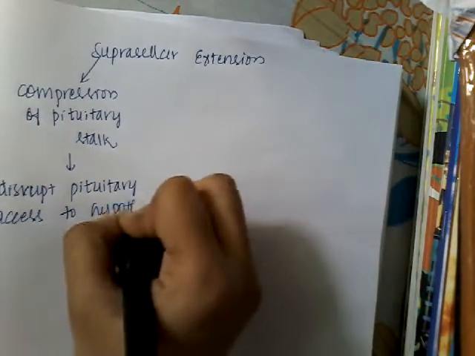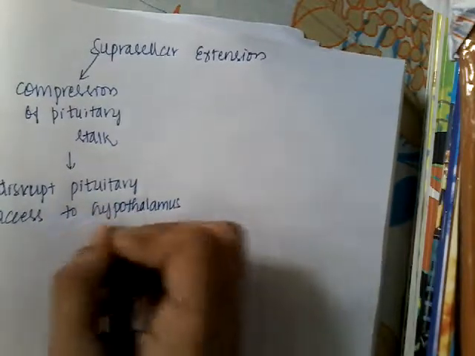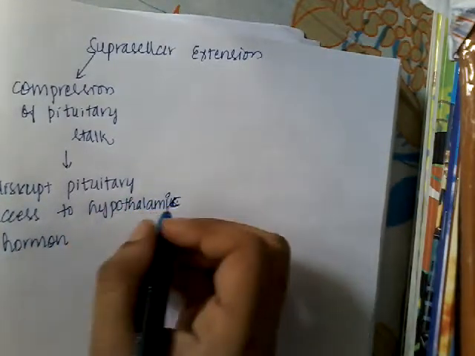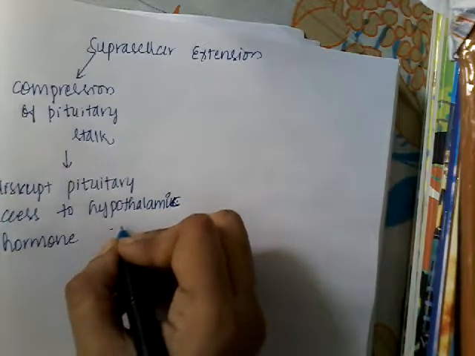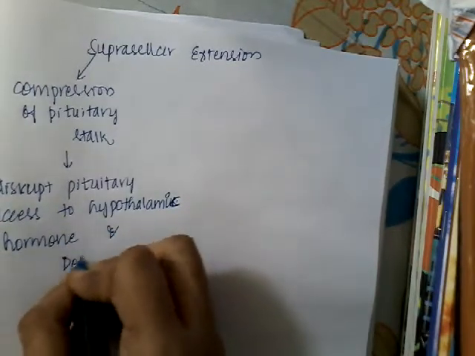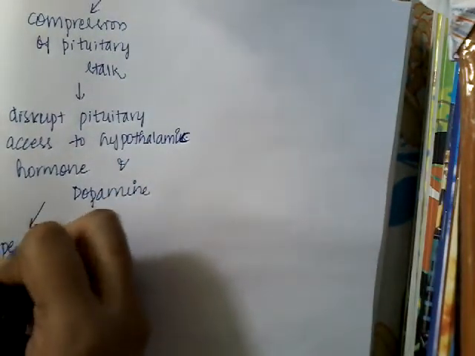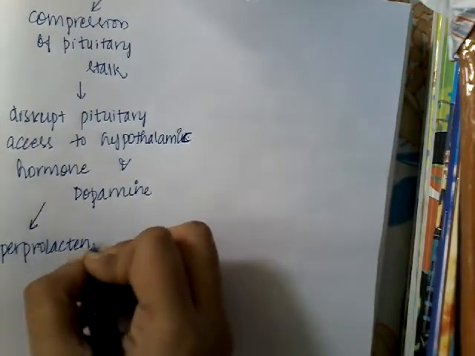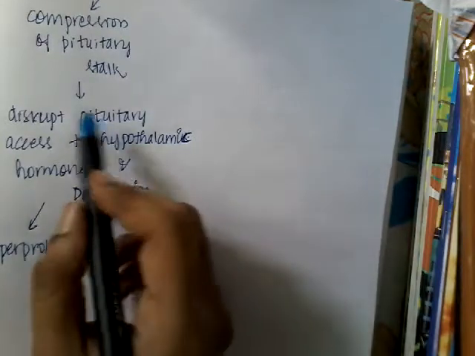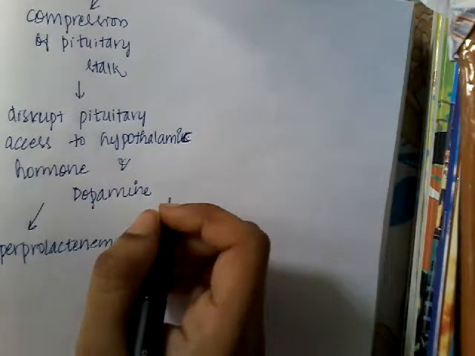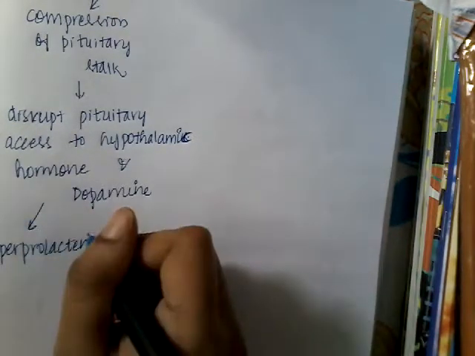So hypothalamic hormones like oxytocin and vasopressin, which are produced in the hypothalamus, and also the dopamine, are not transferred from the hypothalamus to the pituitary because of the stalk disruption. This results in hyperprolactinemia.